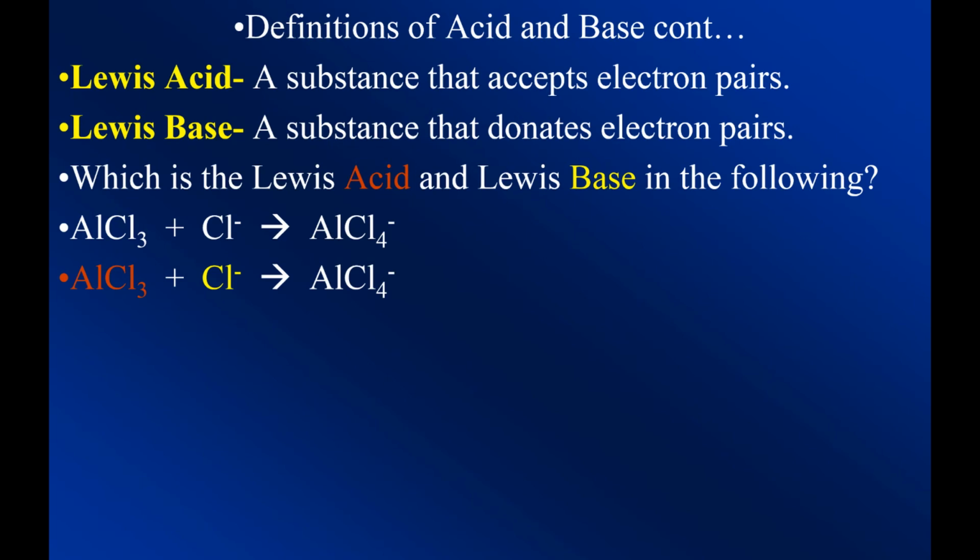Remember back to Arrhenius. An Arrhenius acid is one that donates an H+. If you donate a positive or get rid of a positive, you become more negative. I'll say that again: if you get rid of a positive, you become more negative. Well, there's two ways to become more negative.